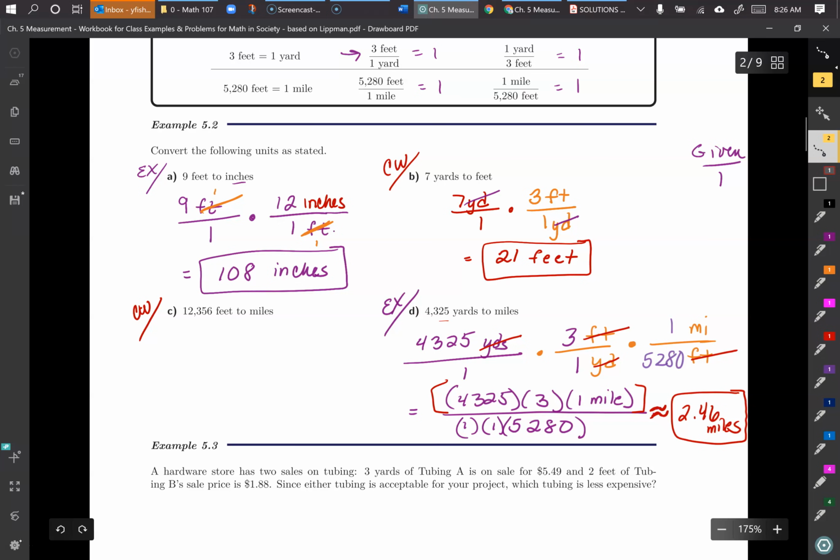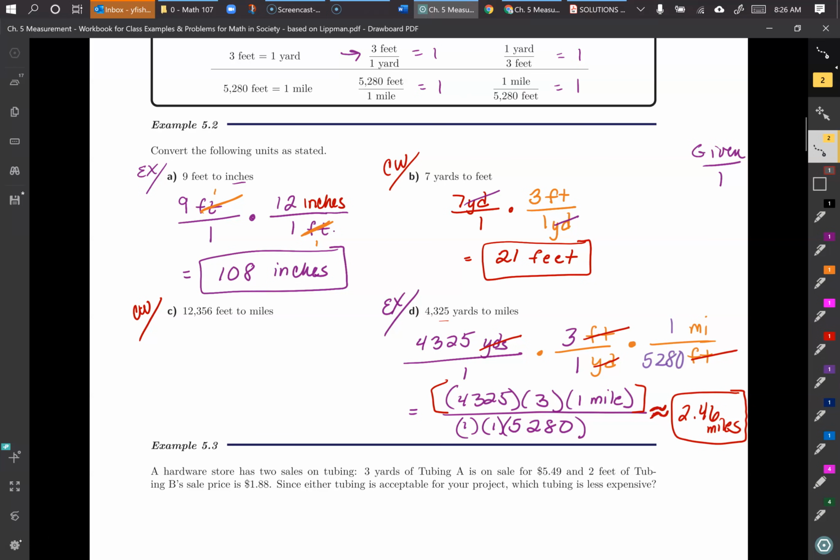If you are, then your number part should shrink down. Okay. If it's the other way around, it's going to work differently. Like this one, we had 7 yards to feet. So I'm starting with a larger unit going to a smaller unit. So then my number part is going to increase to cover that same space.